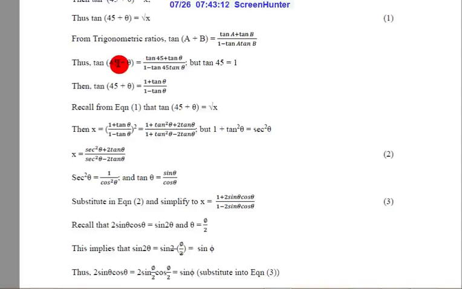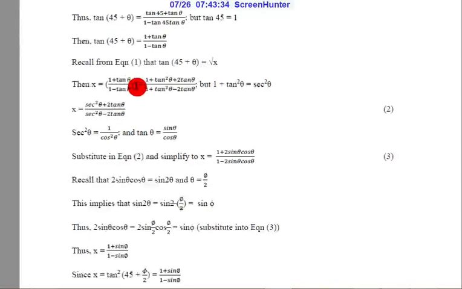So when we expand our expression, we have (tan 45 + tan theta)/(1 - tan 45 tan theta). We also know that tan 45 is equal to 1. If we replace tan 45 by 1, we have tan(45 + theta) is equal to (1 + tan theta)/(1 - tan theta).